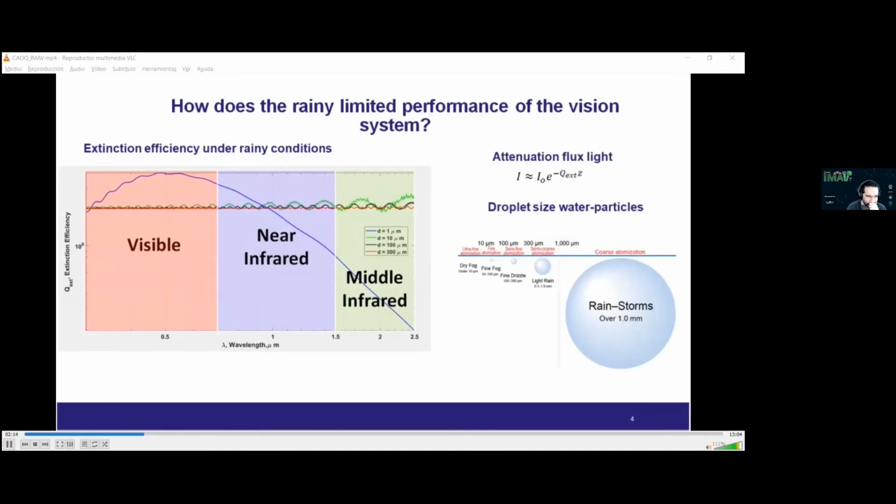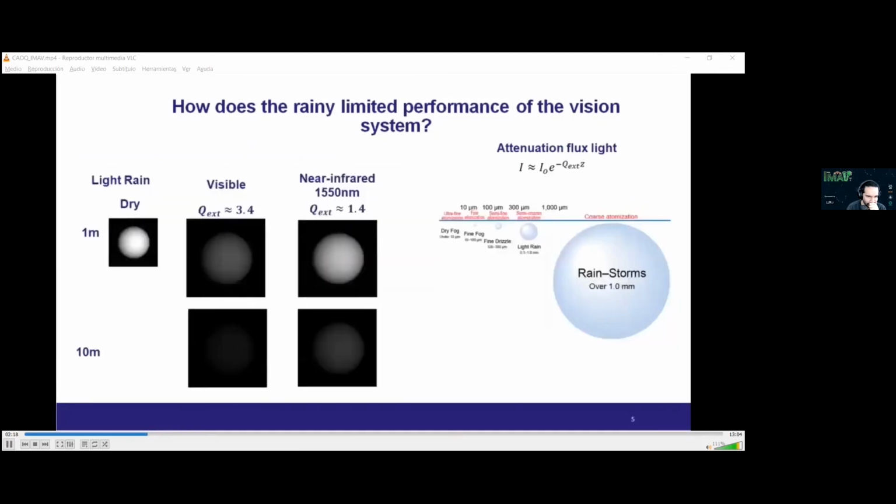This spectrum is high and decreases at longer wavelengths. We can see the best performance in raining conditions in the infrared vision system over the visible vision system. We can see the difference in clarity of the infrared imaging compared to the visible imaging at 1 meter. A high value of Q_s means a high attenuation.